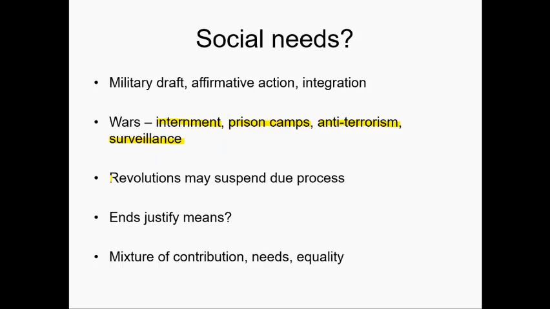We do know that in any country, even today, revolutions would suspend due process in order to try to get stability back into your country. And the Civil War in the United States back in the 1860s is a prime example where President Lincoln literally declared martial law. He suspended the right of habeas corpus, which we've touched on a little bit before.